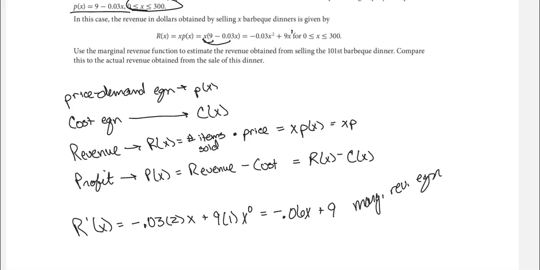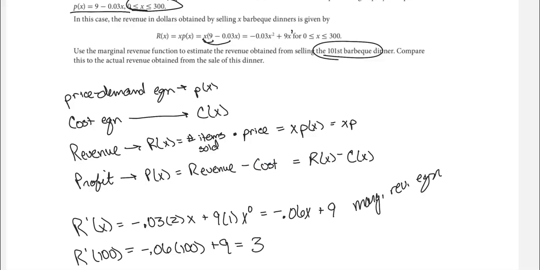So now we want to estimate what's happening with the 101st barbecue dinner. This is where it's going to get a little tricky. We're going to actually plug in 100 here, and I'll explain why in just a minute. And I'm multiplying this off screen, and then I ended up with 3.